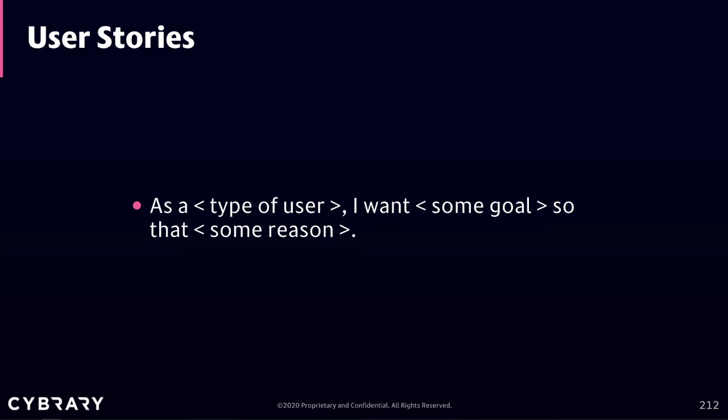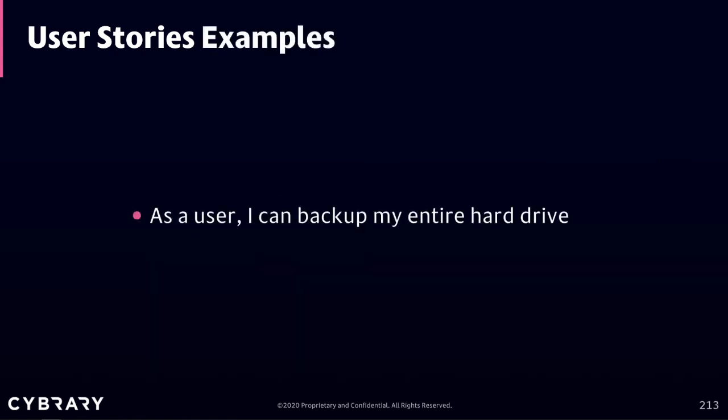So the user story itself is, as a user, as a blank, I want whatever that goal is, so that, boom, what is that reason that I want to achieve in that user story? And then here's an example. As a user, I can back up my entire hard drive.